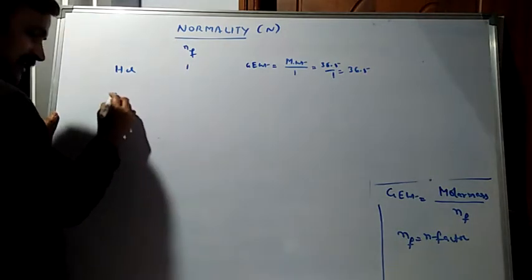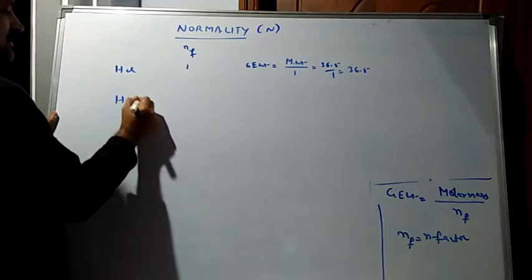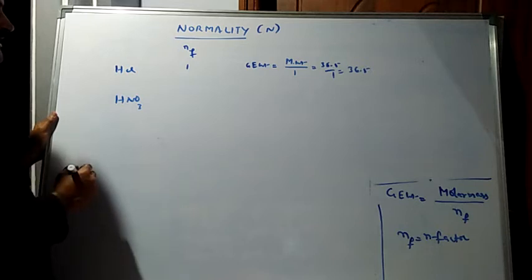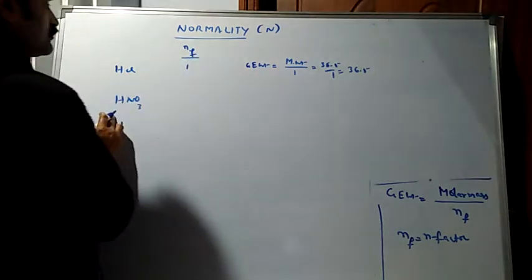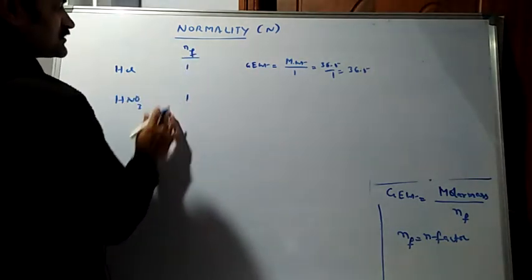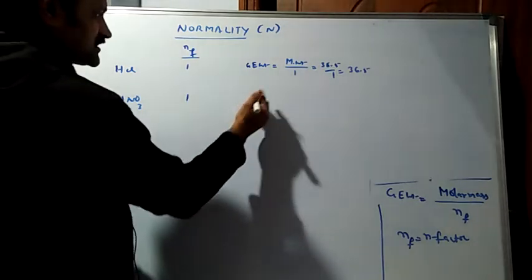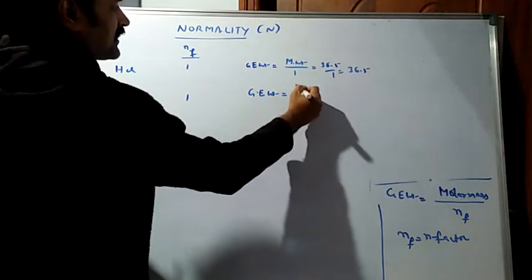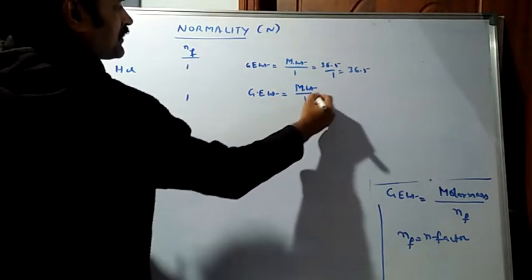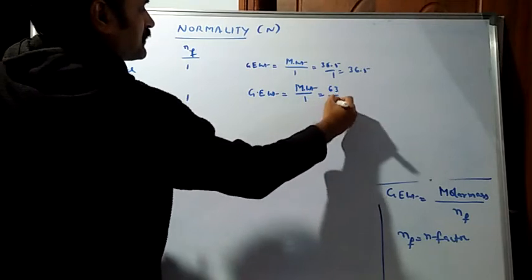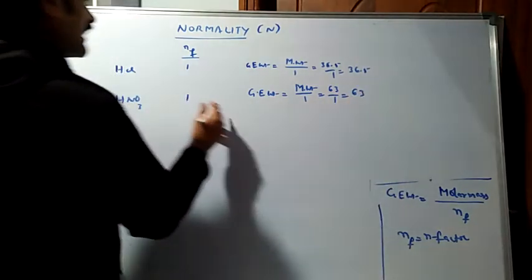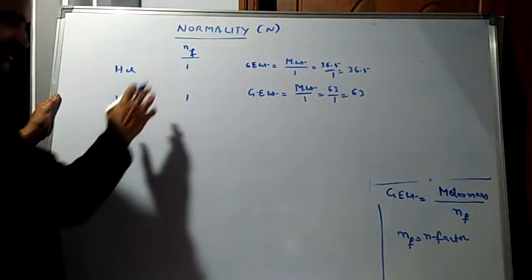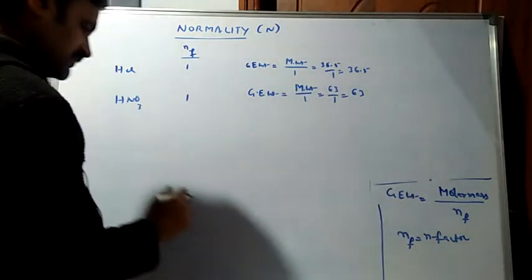If you take another example, a monobasic acid like HNO3, basicity is 1. In this case the gram equivalent weight is gram molecular weight by 1, 63 by 1 will come 63. So for nitric acid, 63 is the answer.